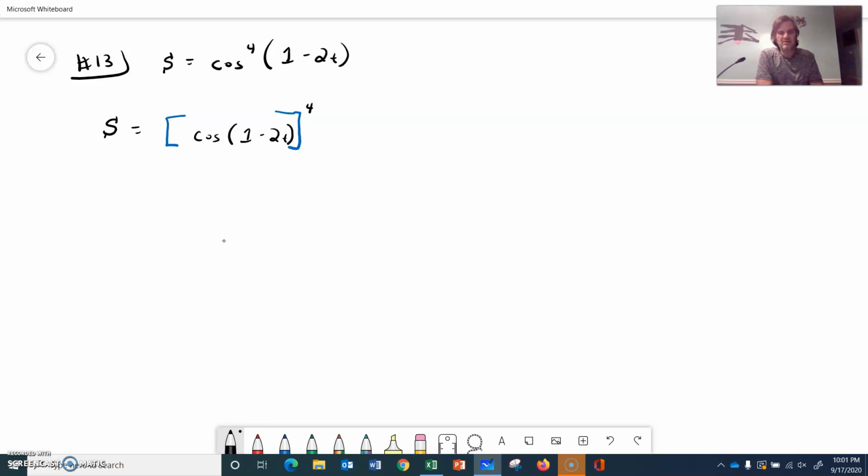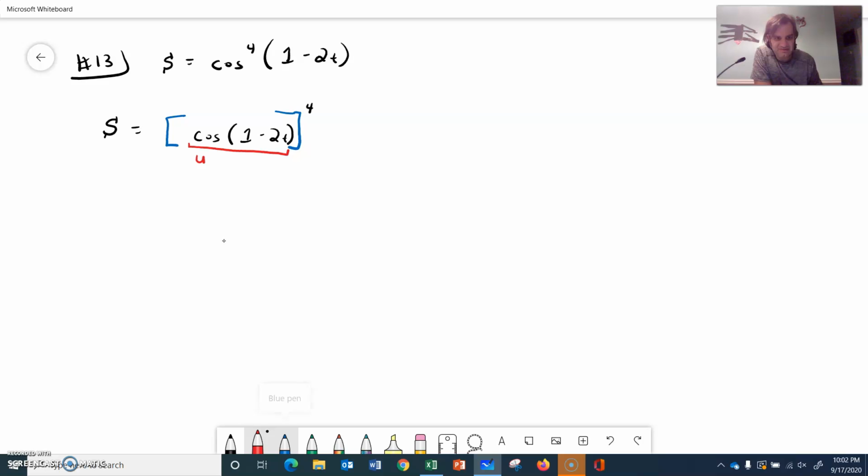I'm just rewriting it so that what I see, first of all, when I go to take a derivative, is a chain rule, but it's the power rule with the chain rule. So let's say that the original u is cosine of 1 minus 2t.